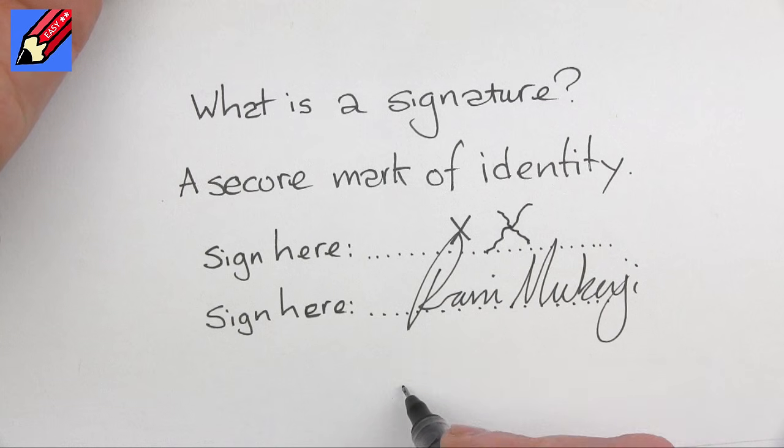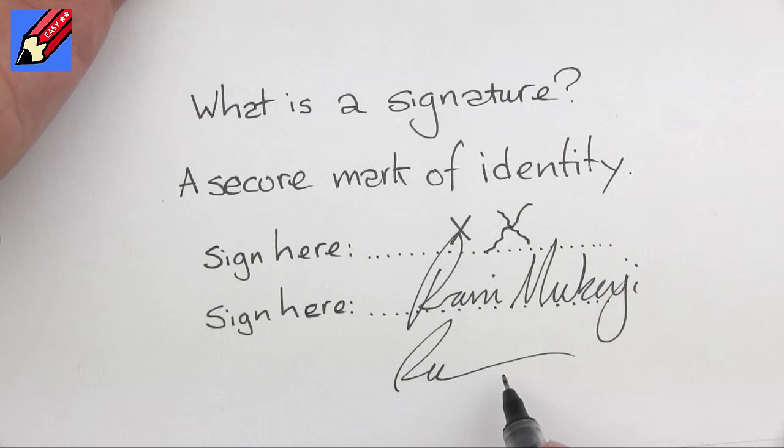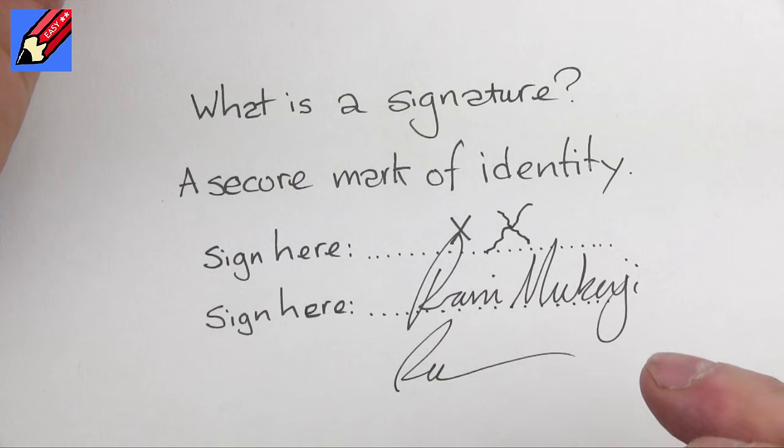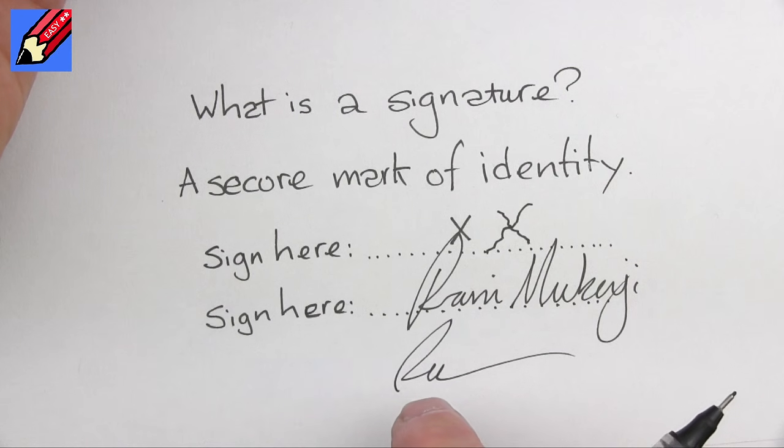You could sign it like that. Now you look at that and it doesn't say Rani Mukherjee at all. But as long as you do that as your signature each time and you answer to that in a court of law, that is your signature. So the signature you've got at the moment is probably absolutely fine.